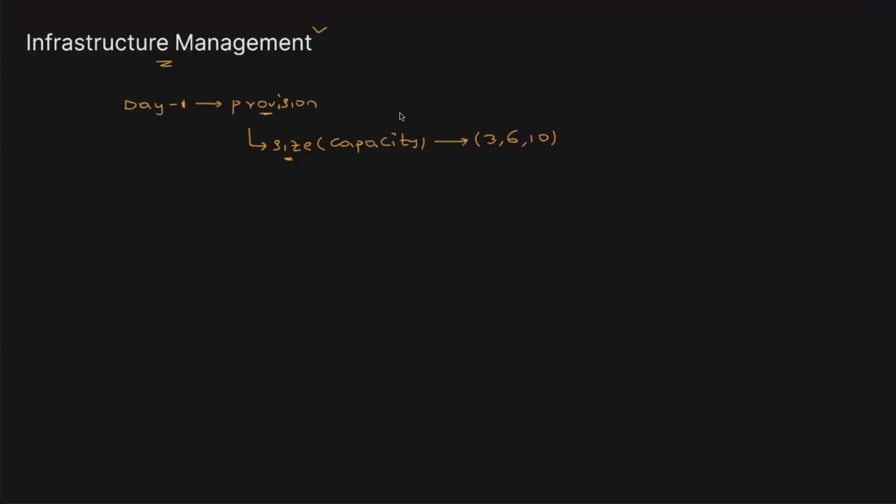To add to it, they also find it difficult to define the size of each worker node of the cluster. Should each worker node be of 16 CPU, 16 GB RAM, or should they spin up worker nodes with more resources? Another challenge while provisioning a Kubernetes cluster is choosing the right instance type.